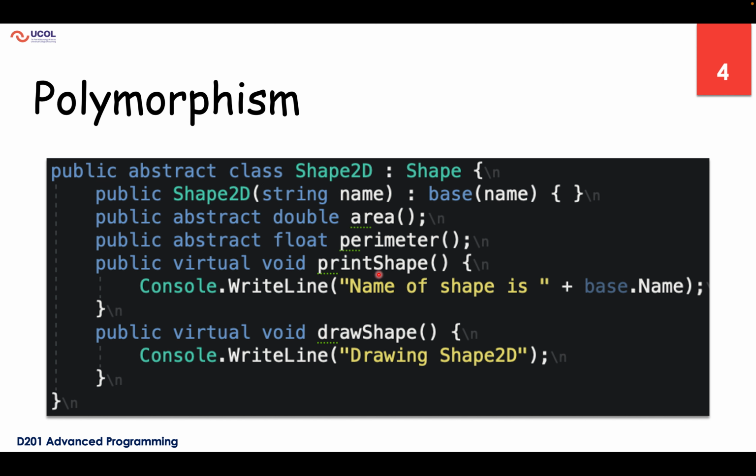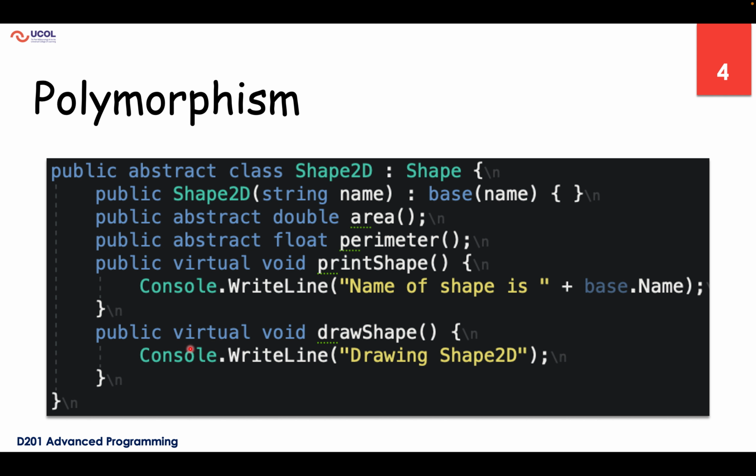If we talk about square, then we only need to print one side of that square. If we talk about rectangle, then we have to print the length and width on the screen. So the related information changes from shape to shape. So these methods should be overridden in the derived classes, so they are defined as virtual.